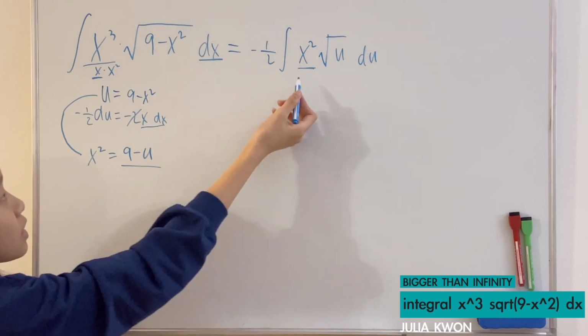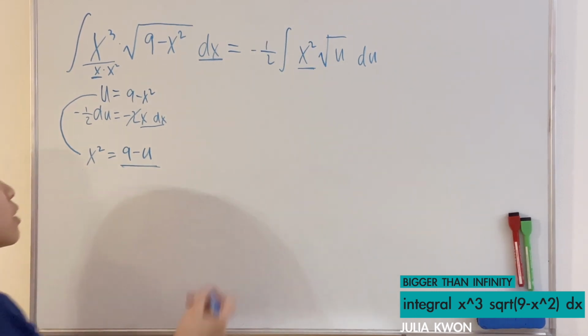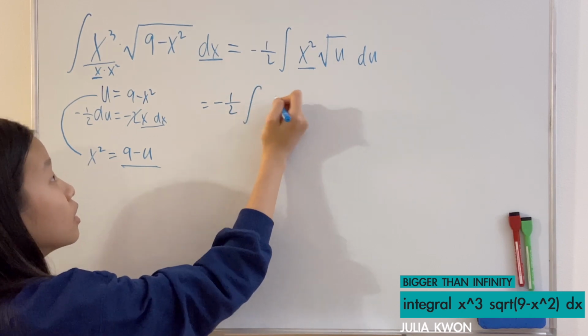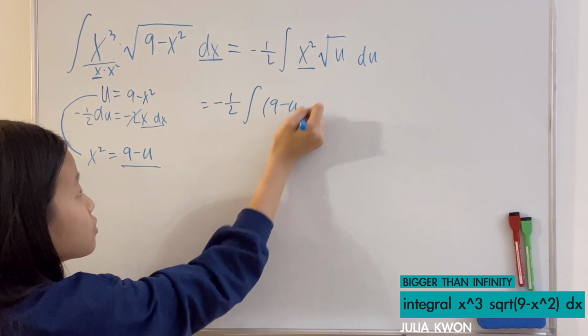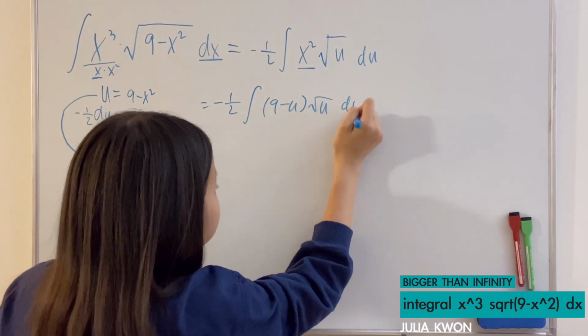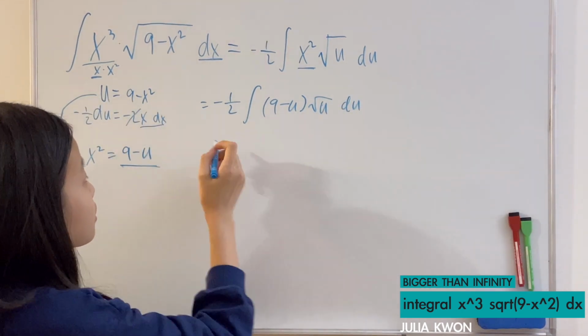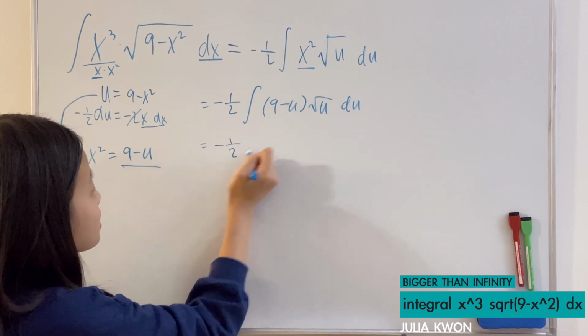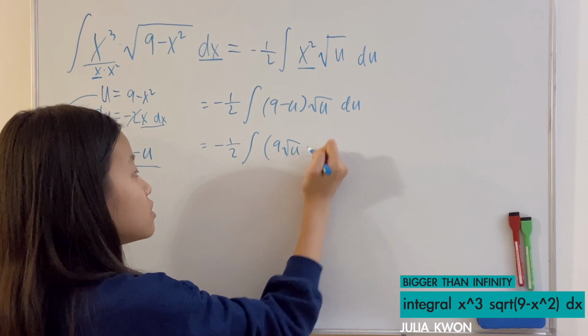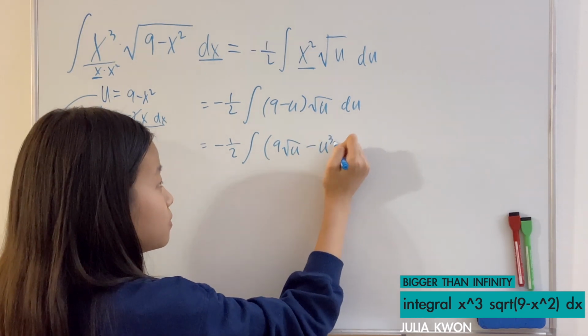And if we replace x squared with 9 minus u, then we would have negative 1/2 times the integral of 9 minus u times the square root of u. Multiply these two together to simplify it more, so that we can take the integral of this more easily.